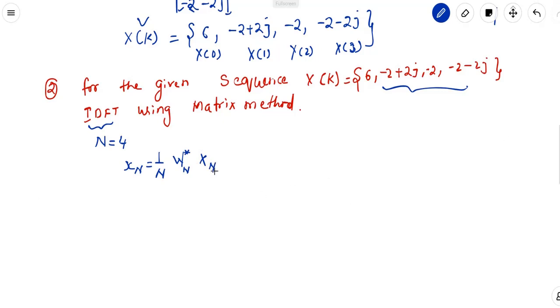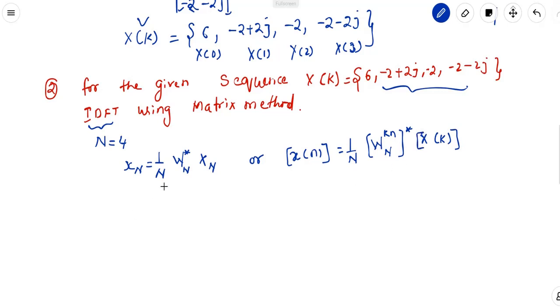Or in some books it is given with brackets like this, which represent the matrix. So it is equal to 1 by N, W_N of kn, open the bracket, conjugate, X of k. So you put this into brackets.